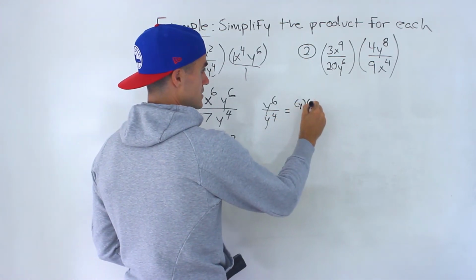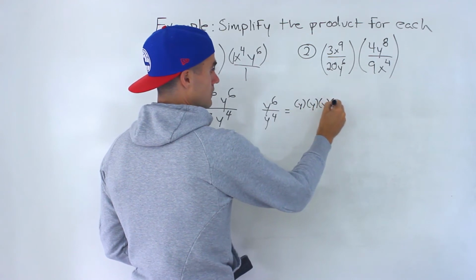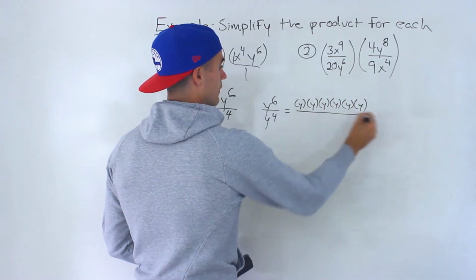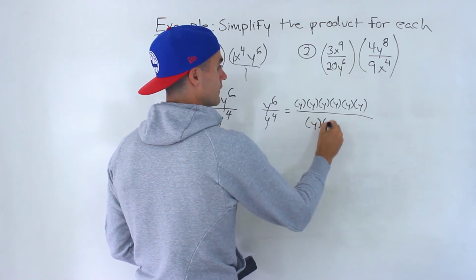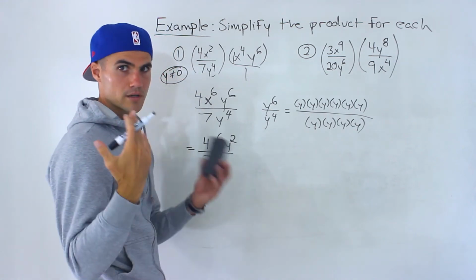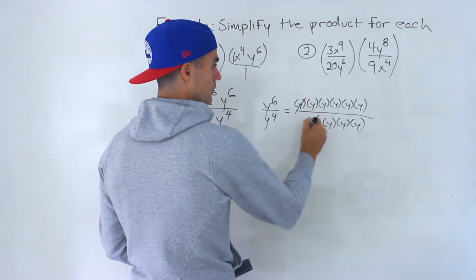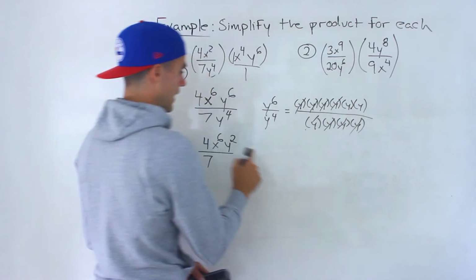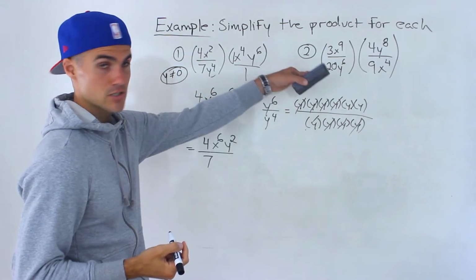there's like 6 y's up here, and then there's like 4 down here. If you want a visual way to see it in your mind, boom, boom, boom, boom, and then we have 2 y's left at the top.